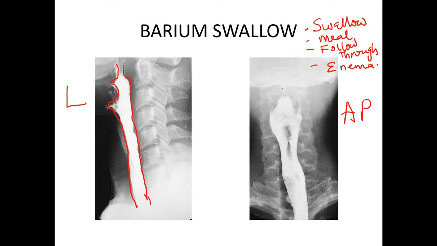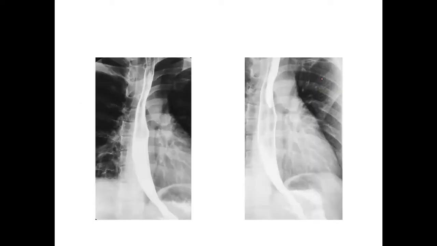If you look at the AP view, you can see it is showing a normal barium swallow. Now, if you look at this oblique view, this is an oblique view of barium.